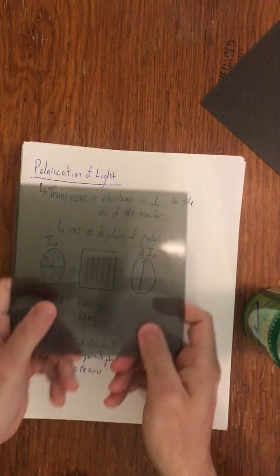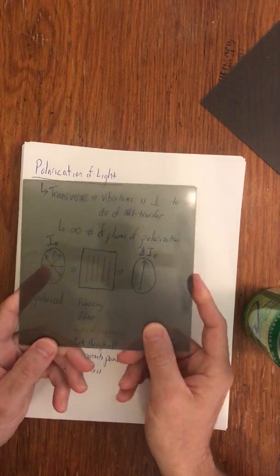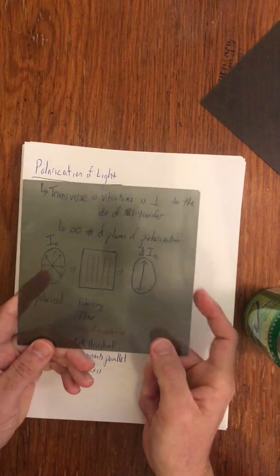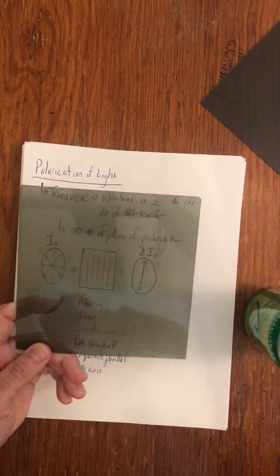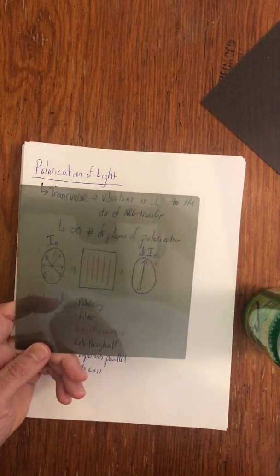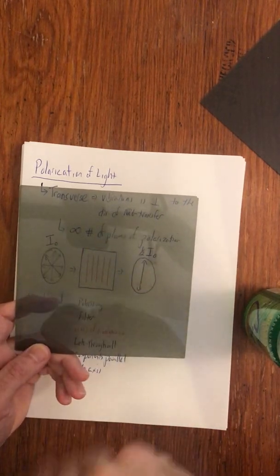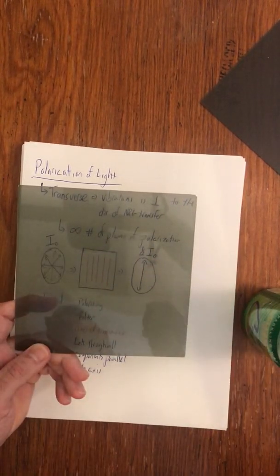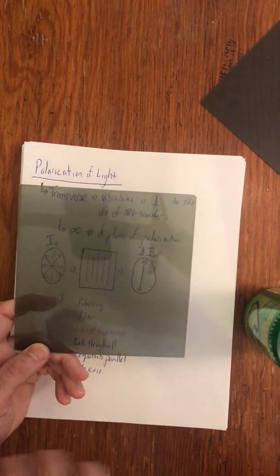In this polarizing filter, there are a series of polymers. If you remember what a polymer is from chemistry, they're long chain molecules. And what happens is the part of the wave that is along the chain actually resonates with the chain and gets absorbed, and the stuff that's perpendicular to the chains gets through.